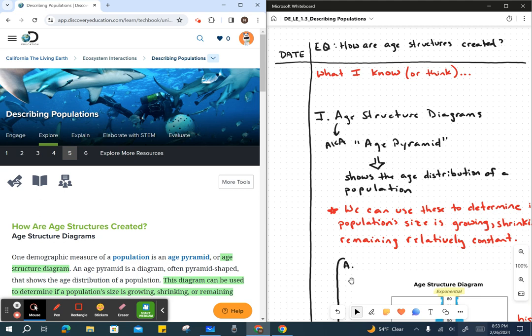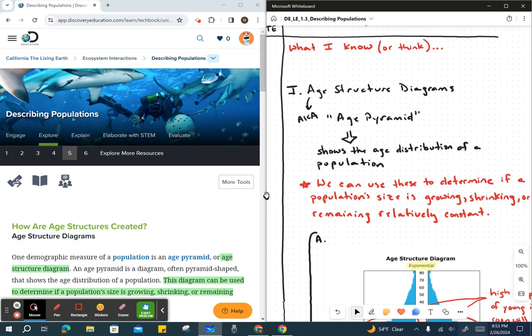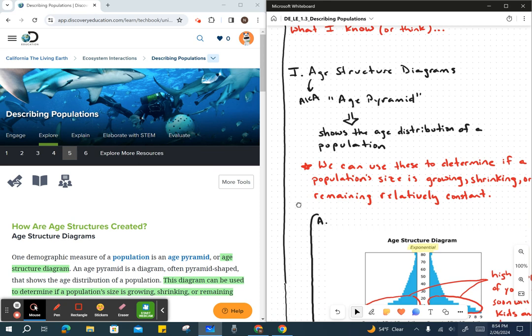Okay, hopefully you paused the video and you wrote down what you know. So, Roman numeral 1, age structure diagrams, also known as age pyramids. Basically, they're going to show you the distribution of a population based on age, how many people are 0 to 10, 10 to 20, 20 to 30, 30 to 40, all the way up to the oldest people in the population.